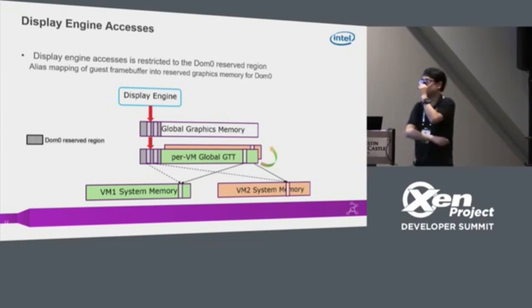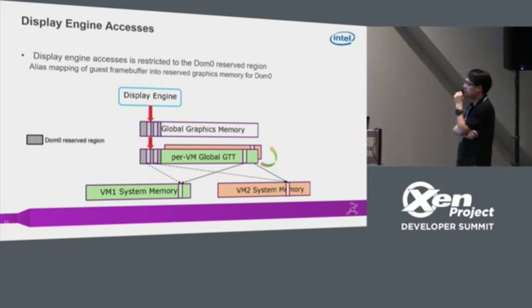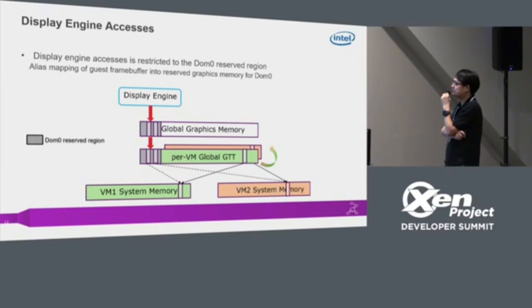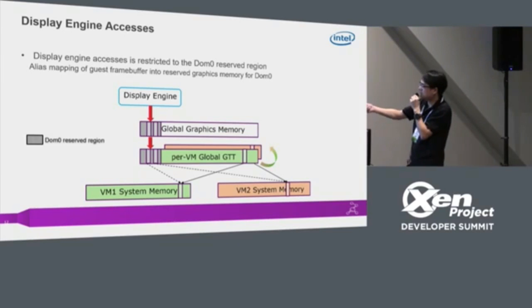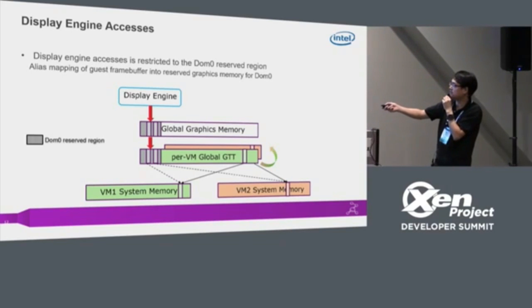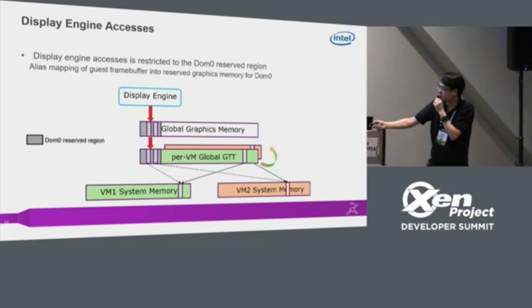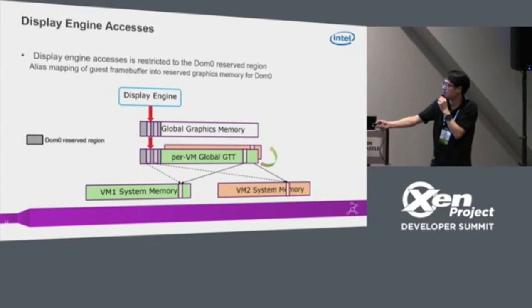So here comes our solution for the render and display engine access. As we described, currently the global page table is assigned to a VM, the green part, for example VM1, and there is access from VM2 to the display engine, the frame buffers of the display engine. So what we do is, at the beginning of the table, we keep this range unchanged, for example 1 to 128 MB.